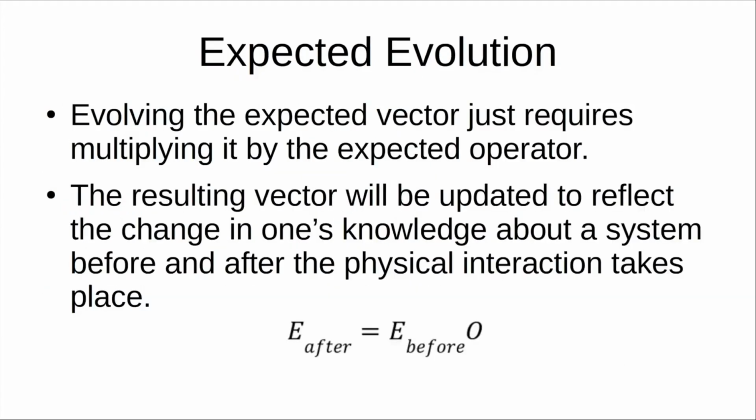Once we've defined both an expected vector and an expected operator, we can apply the operator to the vector just by multiplying the vector by the operator. The resulting vector will be updated to reflect the change in one's knowledge about a system before and after the physical interaction takes place. So there you can see a very simple equation. You just take the vector before the operator is applied, and you multiply it by the operator, and that gives you the vector after the operator has been applied.